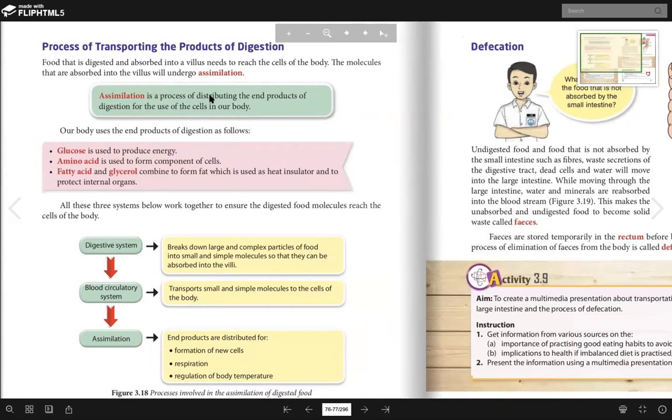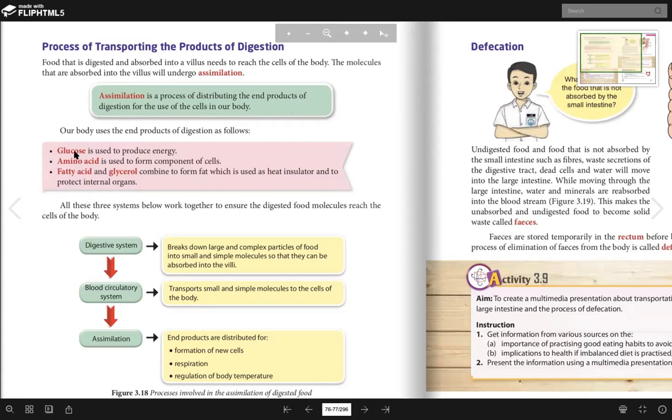Okay, so the keyword here, the first one, is distributing end product of digestion. Basically, there are three end products of digestion: glucose, amino acid, fatty acid and glycerol. Why? Because all these are the nutrients that are required the most in our body.